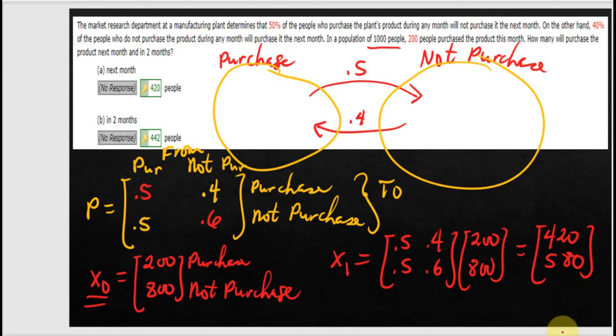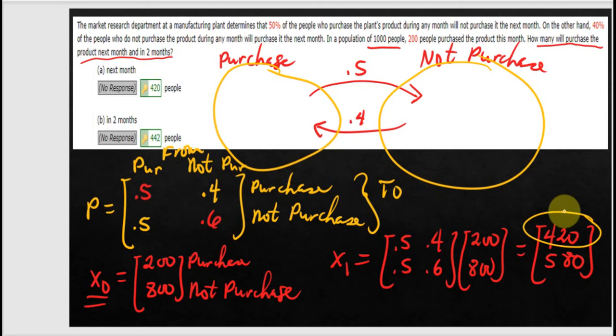The question was how many will purchase the product next month, and also in 2 months. So you're actually finding more than what they're asking for, but that's fine, because all they're asking for is this number here, right?